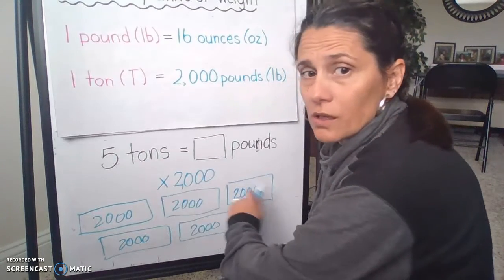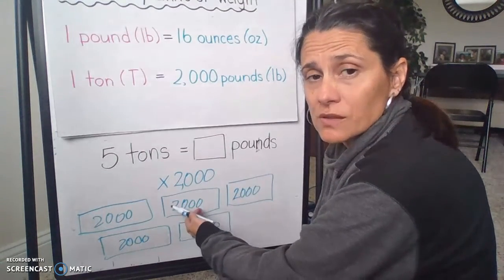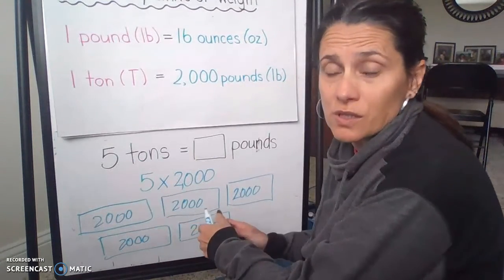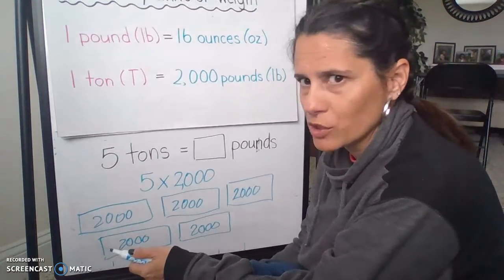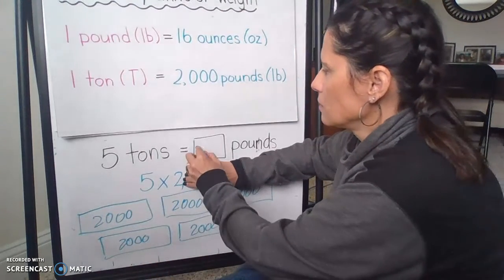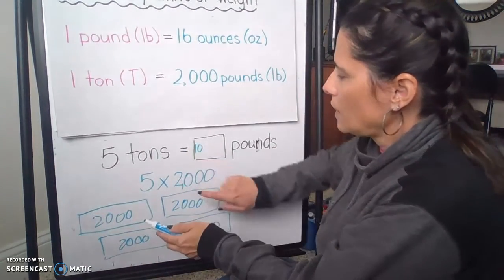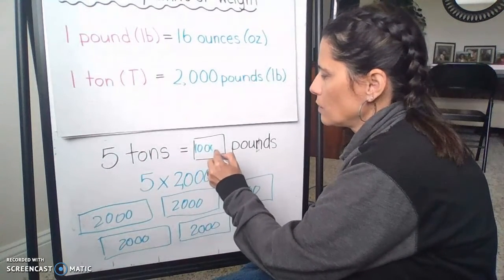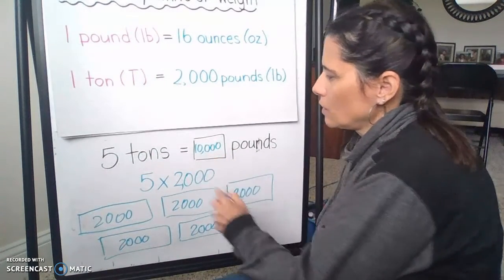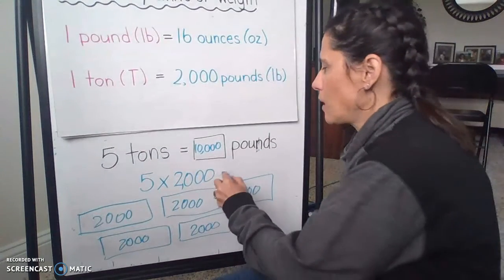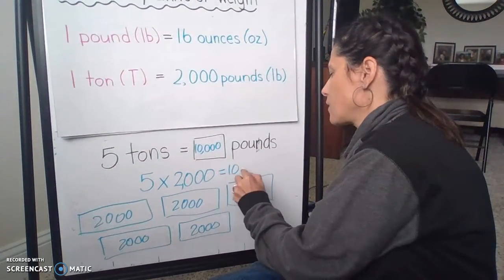So then over here, how many groups of 2,000 do I have? I have 5 groups of 2,000. And so this is where I would remember my trick, where I would say, okay, 5 times 2 is 10. And then I'd count how many zeros. 1, 2, 3. 1, 2, 3. So 5 tons equals 10,000 pounds.